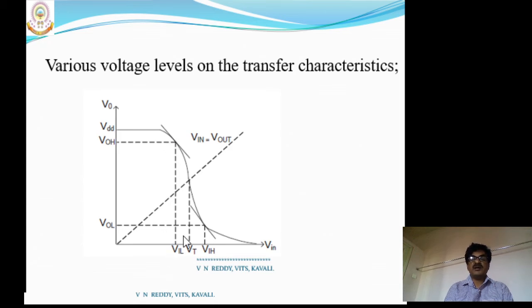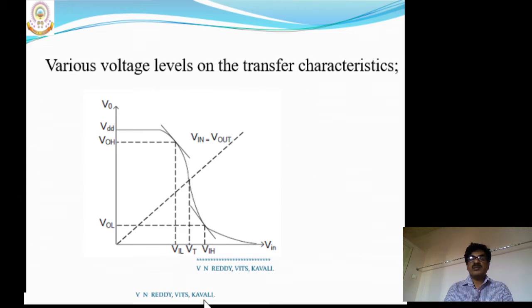After that, if the input is greater than or equal to the voltage where we can see both input and output voltages are equal in the curve, that point is referred as the inverter threshold voltage point here.